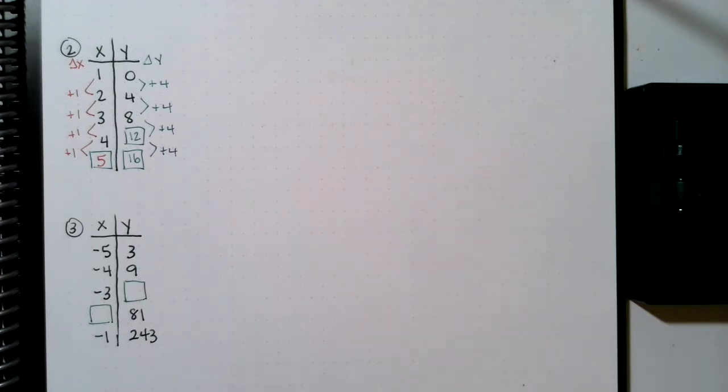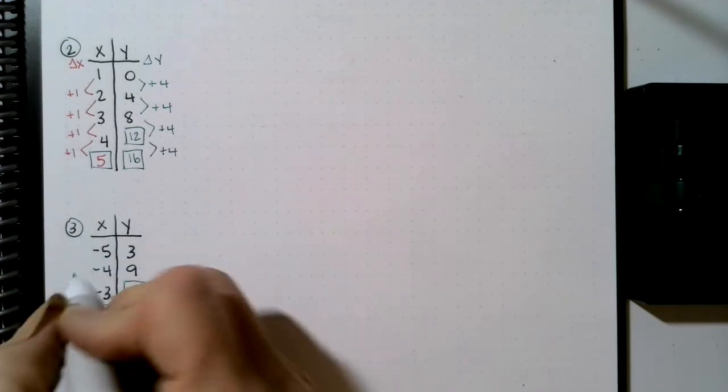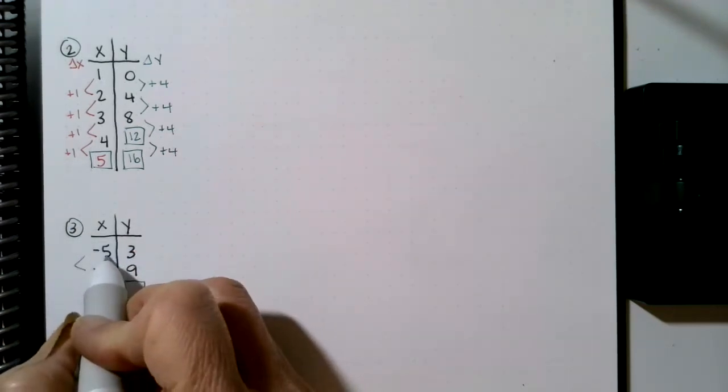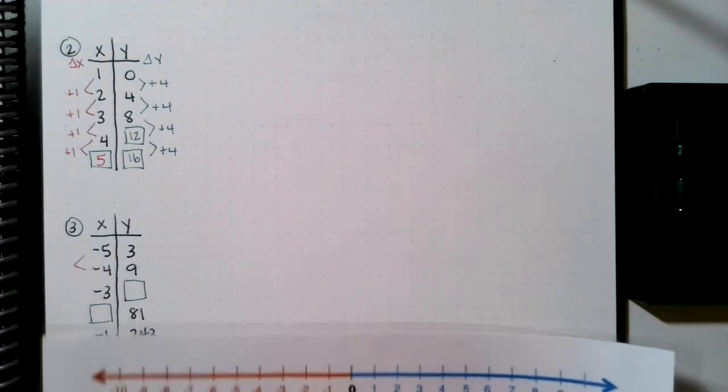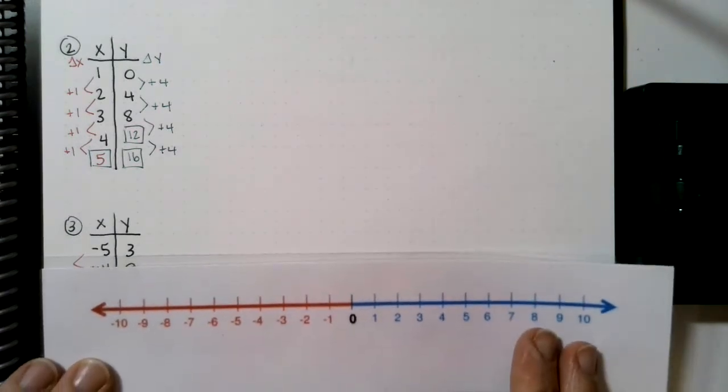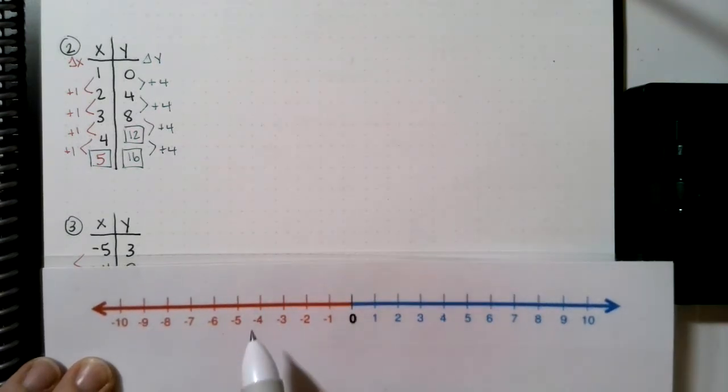Going on to question number 3. From -5 to -4. And again, if you're not very comfortable with negative values, pull out a number line and look at that. As you go from -5 to -4, because you're going towards the right, that is increasing.